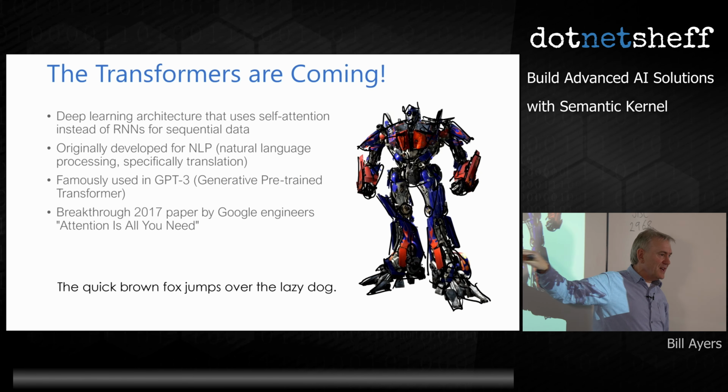And by training them on huge amounts of data, you can come up with some very good natural language processing, text processing models, which are far better than we could with the recurrent neural networks that we used before. So this famously was used in GPT-3, Generative Pre-trained Transformer version 3.